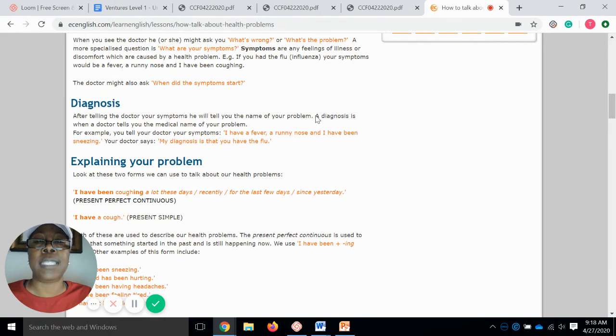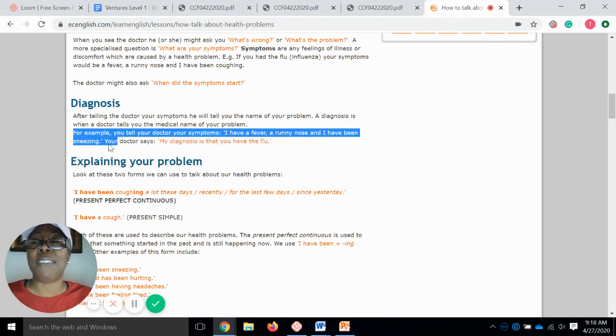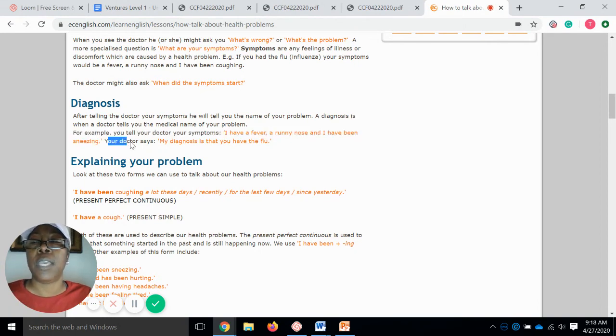A diagnosis is when a doctor tells you the medical name of your problem. For example, you tell your doctor your symptoms. I have a fever, a runny nose, and I have been sneezing. Those are your symptoms. Your doctor says, my diagnosis is that you have the flu. Okay?